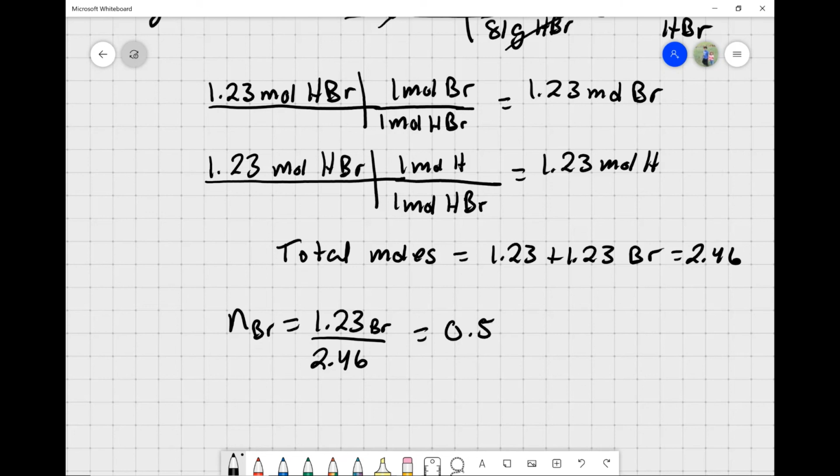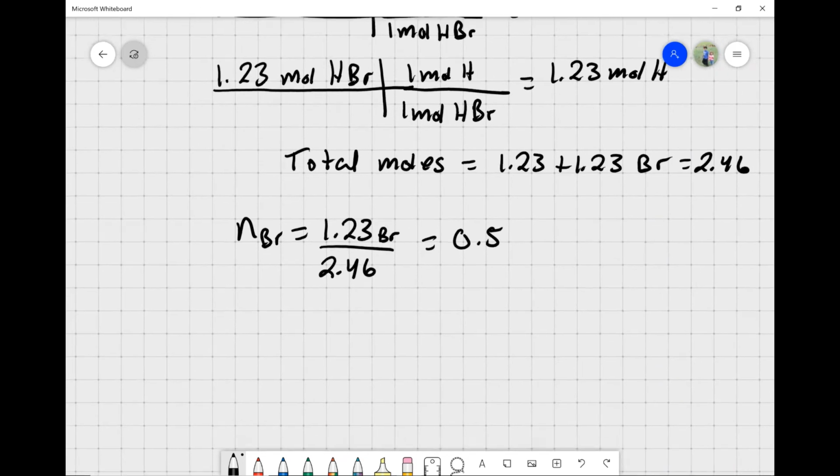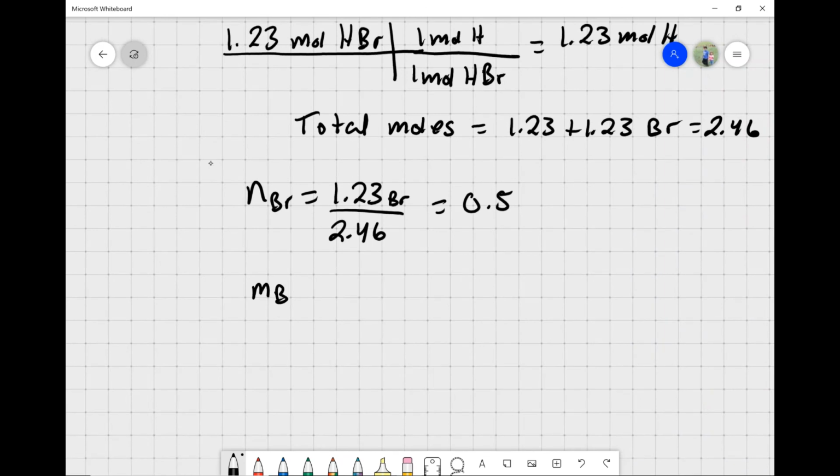Now we want to know the M of bromine. We can start off with the same basis: 1.23 moles of HBr. In 1 mole of hydrogen bromide, there's 1 mole of bromine.